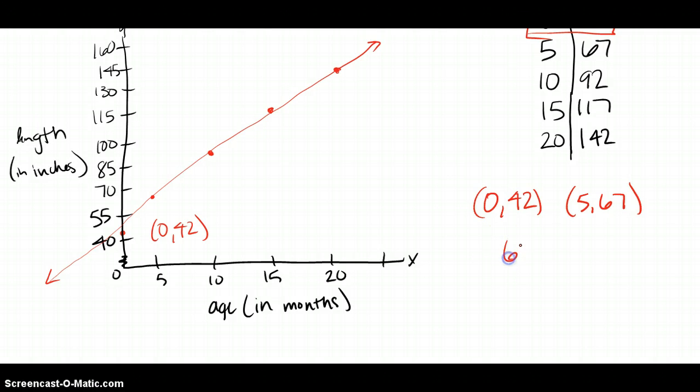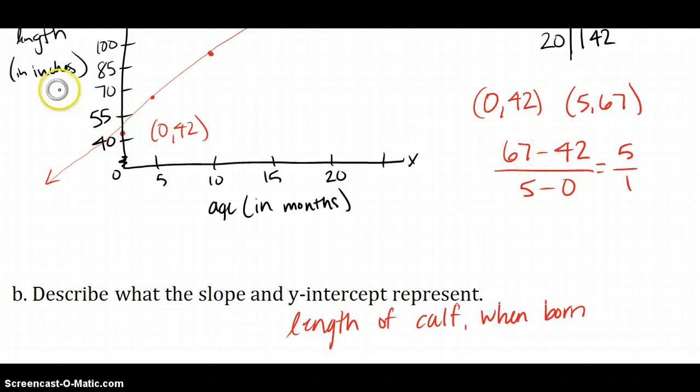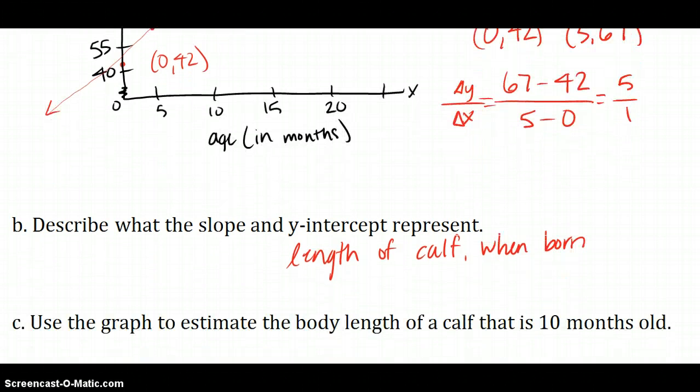So if I do y2 minus y1 over x2 minus x1, I'm going to get 5 over 1. So y is inches, x is months, remember this is change in y over change in x. That means that every month the calf grows 5 inches.